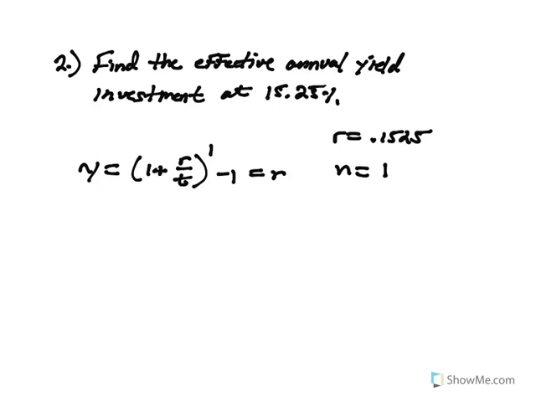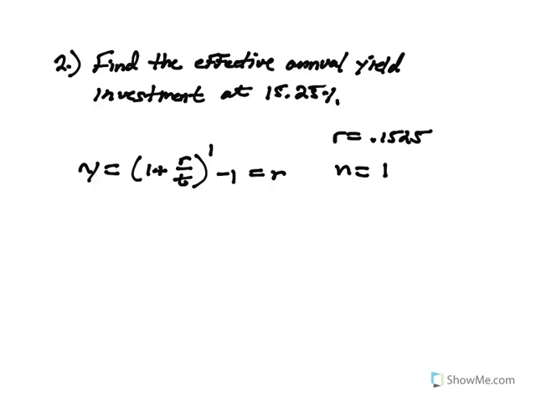You note that for any rate R compounded annually, the statement below is true. That's this formula here. Since the interest is compounded annually in this investment, the effective annual yield is the interest rate, which is 15.25%. The effective annual yield for the first investment is 16.08%.